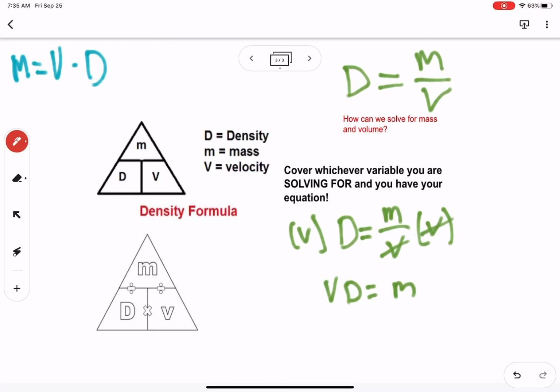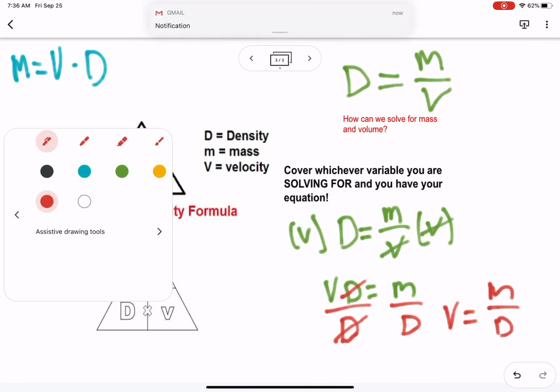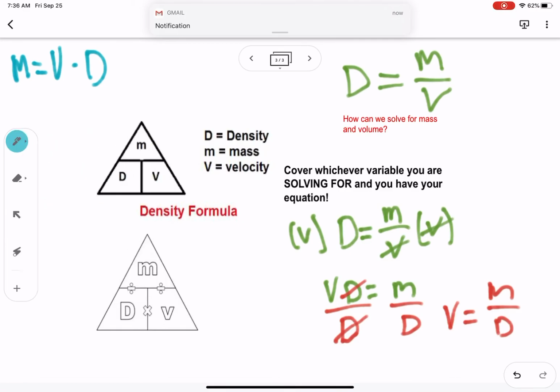If I wanted volume by itself, I need to get rid of this density. Right now they're being multiplied. What's the opposite of that? Division. So if I do that, that cancels the densities right there, and this leaves me with volume equaling mass divided by density. So again, I'll write this up here as well. Volume equals mass divided by density.